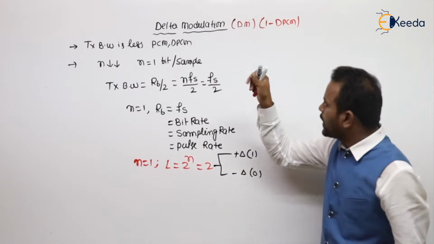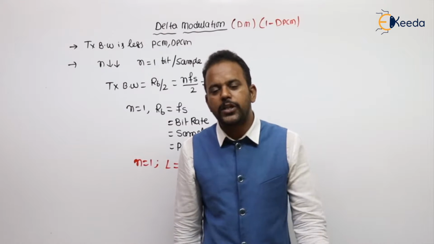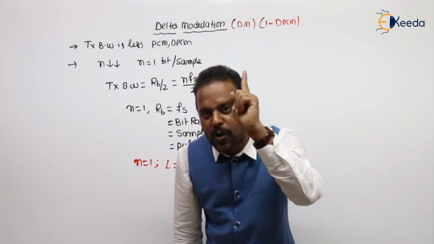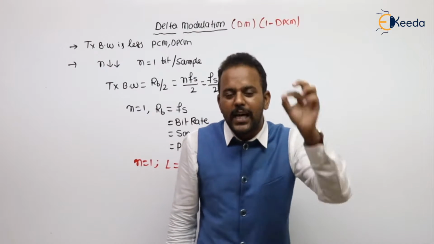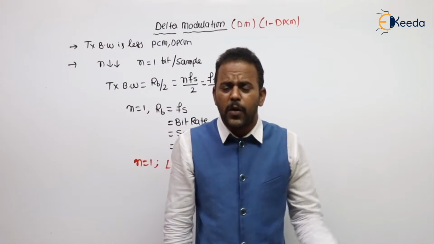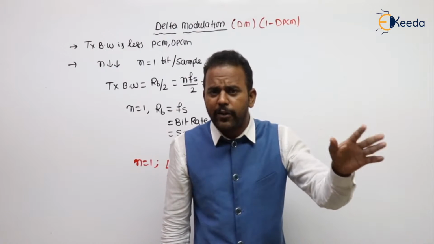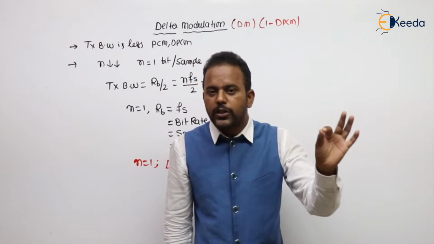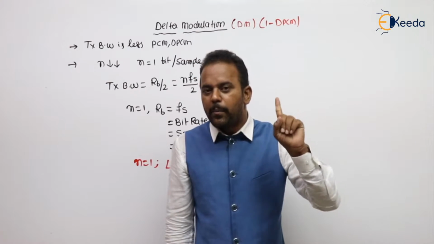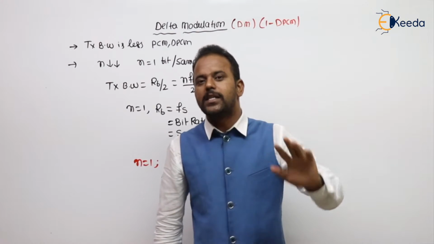Here, what we are doing in delta modulation is taking the difference between the present and previous sample. That is going to be quantized. But in DPCM, we are taking the difference between the actual sample and predicted sample. But here, present sample and previous sample.